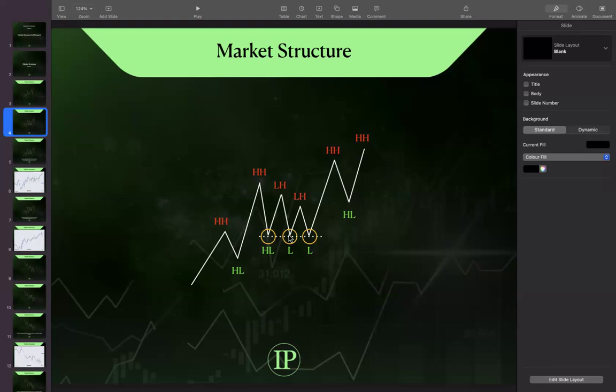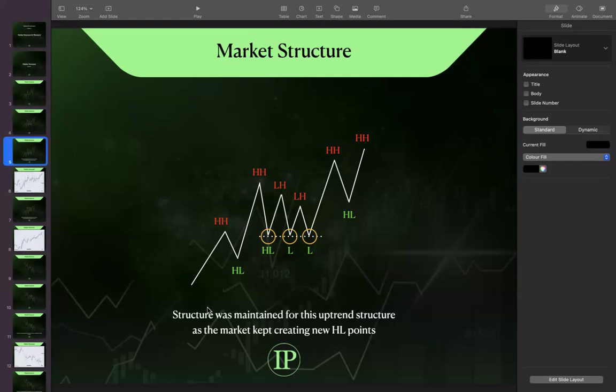So we just have our lows over there. Price did not create a new low to the downside, so price remained in a bullish structure. So structure was maintained for this uptrend structure as the market kept creating new higher low points, okay? Each time higher low, higher low, higher low, and did not create a lower low, right?